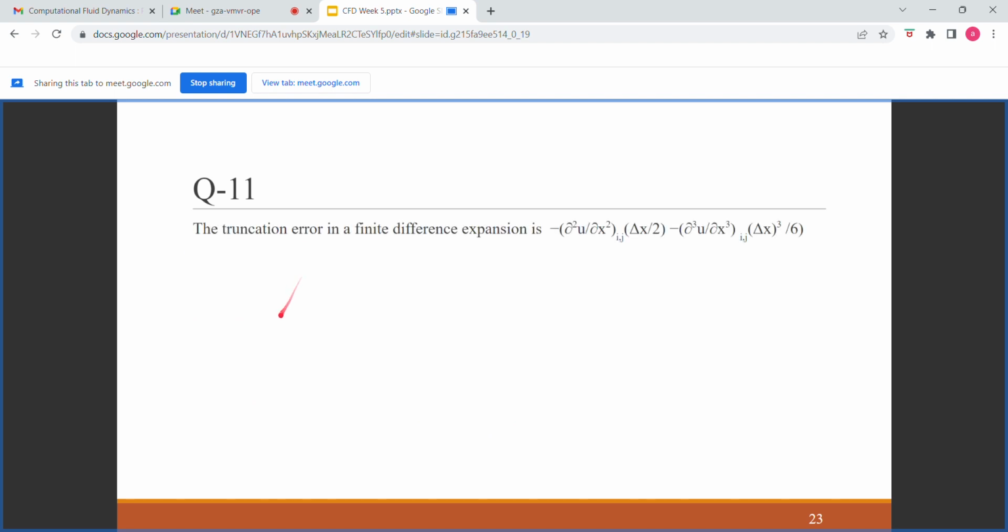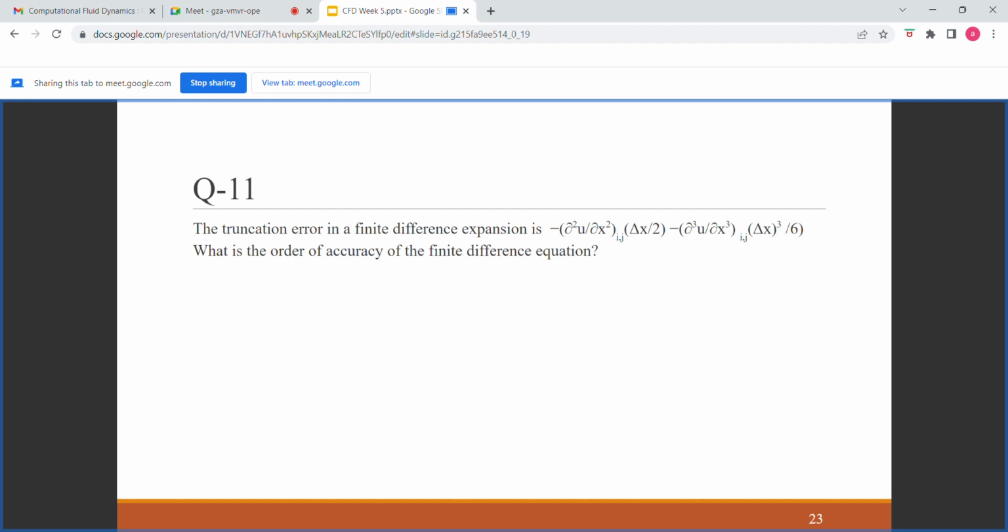The truncation error in a finite difference expansion is minus dou square u by dou x square at i comma j into delta x by 2, minus dou cube u by dou x cube at i comma j into delta x cube by 6. What is the order of accuracy of the finite difference equation? This question is a very simple one. Can anyone say the answer?